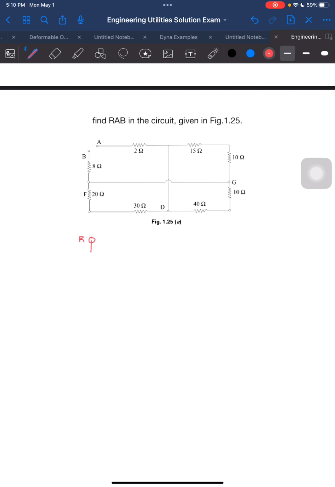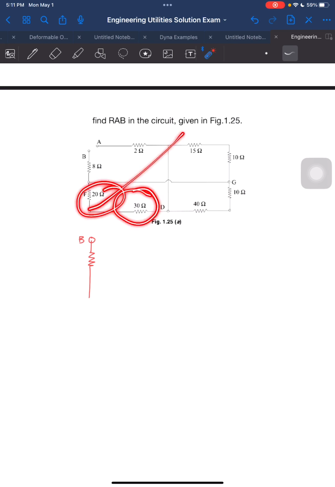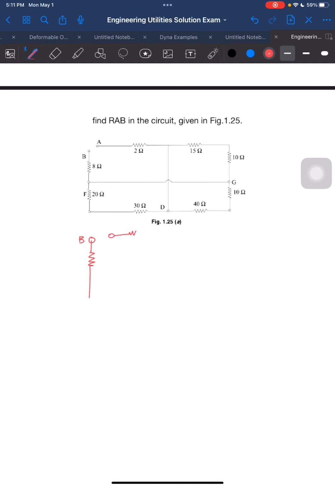Ito magiging B. Ito yung 8 ohm. Tapos, since sinabi ko kanina na ito ay connected ng ganon, magiging 2 ohms. Tapos 15.